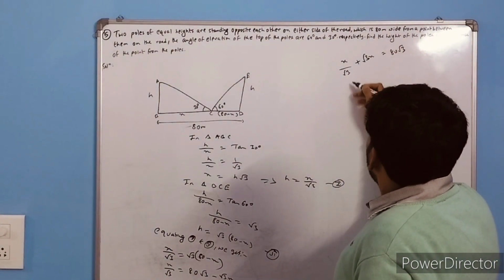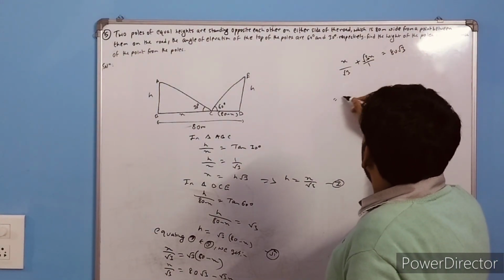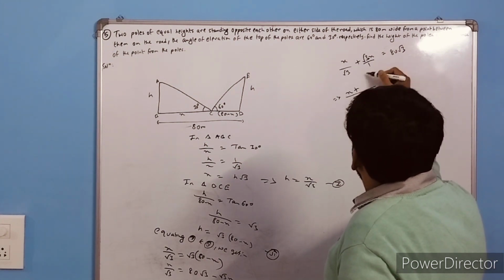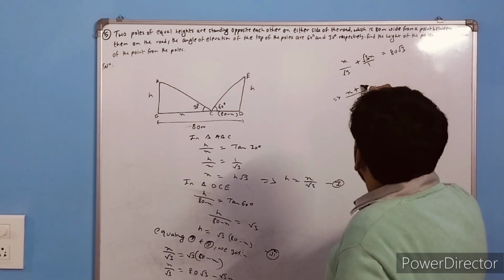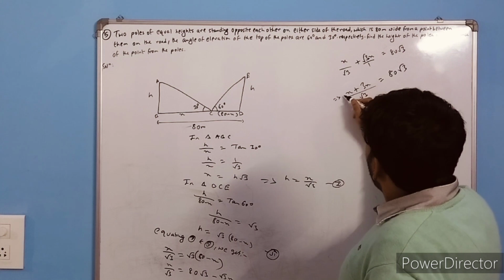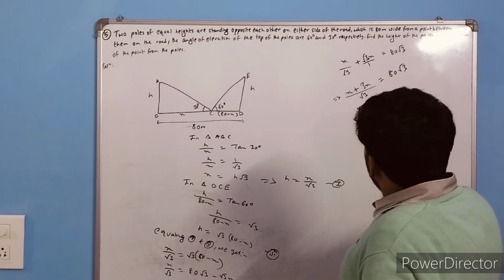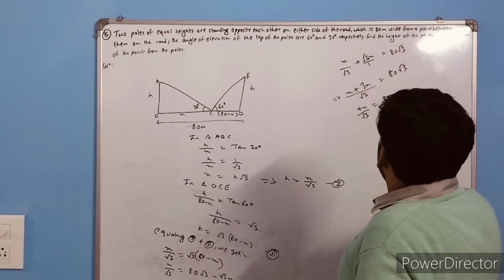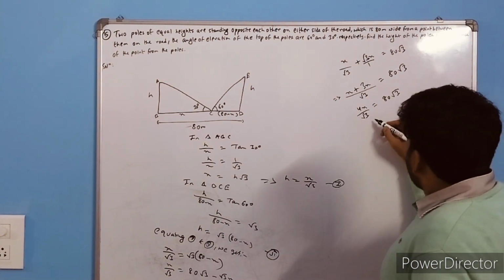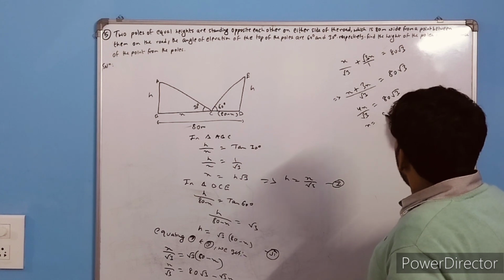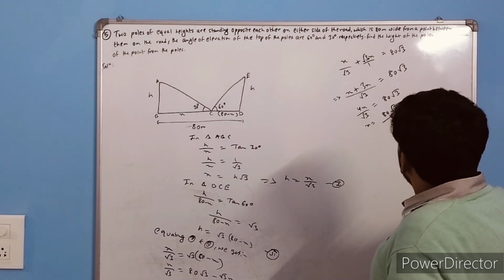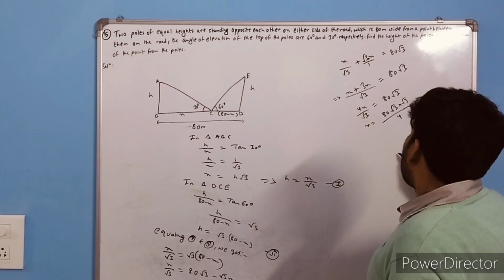Now let's take the LCM. x plus root 3 into root 3 x, that is 3x, upon root 3 is equal to 80 root 3. So 3x plus x, 4x upon root 3 is equal to 80 root 3. So x is equal to 80 root 3 into root 3 upon 4.